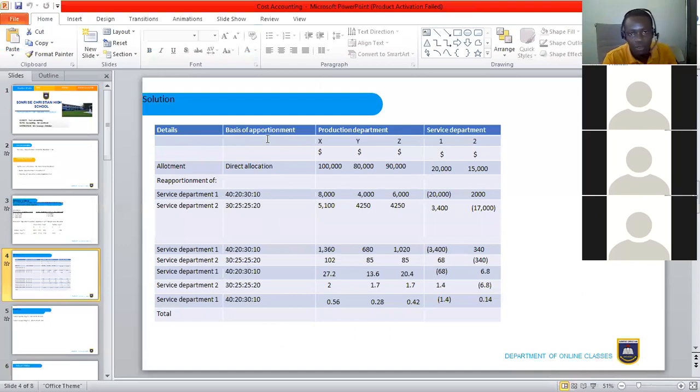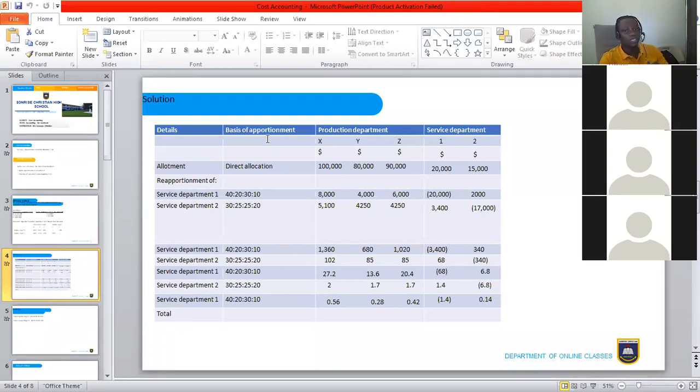And I said that in your presentation, the name of the company must come, and the method you are using must also come before the table. But in this instance, we do not have any name of your company, so you must state the method you are using. That will be apportionment of service department cost using the repeated method.